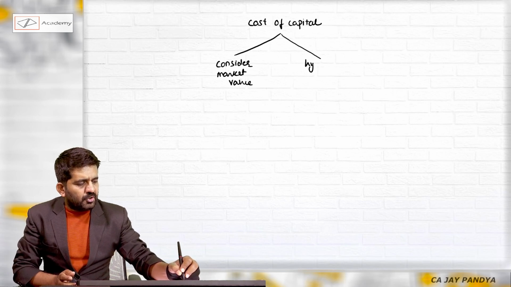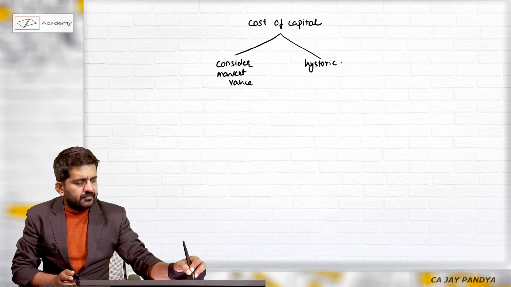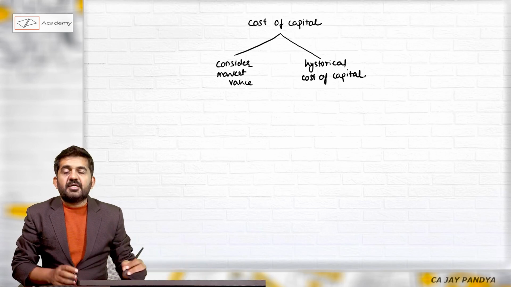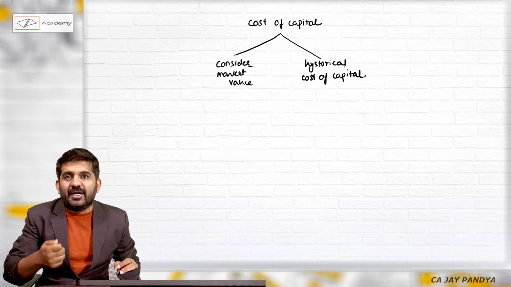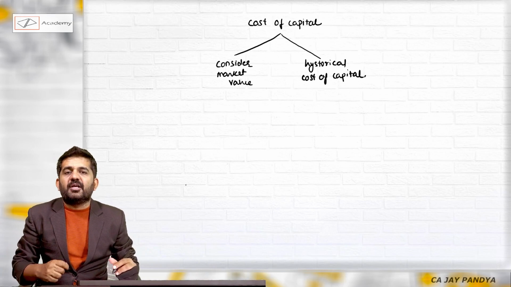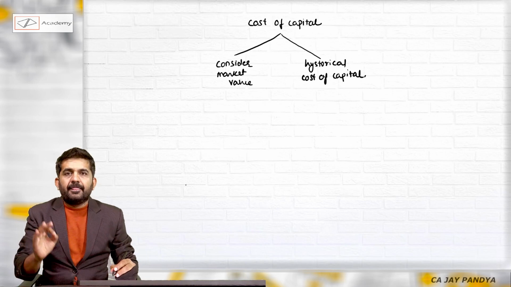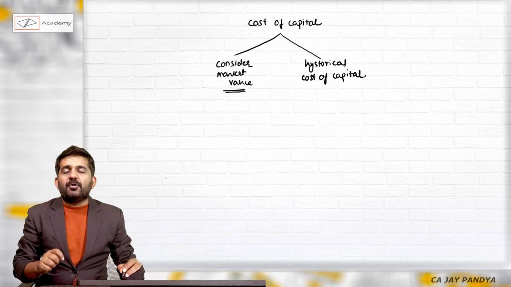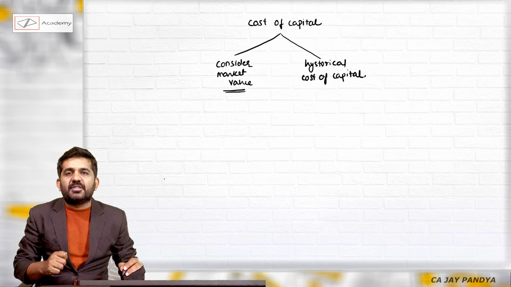Another is historical cost of capital. Even by taking market value weights, that does not mean we cannot find out historical cost of capital. So for this question, we may assume this, but try to understand to match the answer with the suggested.